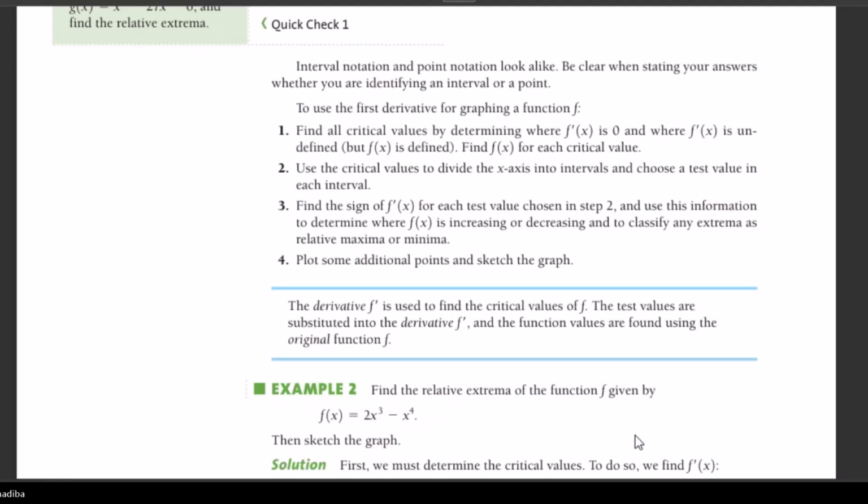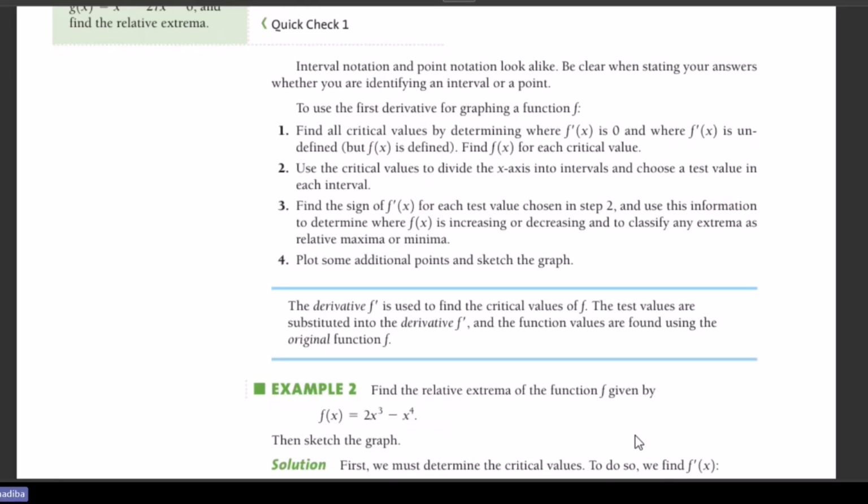Then in the third row of the first column, you will have the sign of the first derivative of f of x. Is that what you have? Yes, sir. That will be completed after substituting those values you have chosen in the intervals into the first derivative.